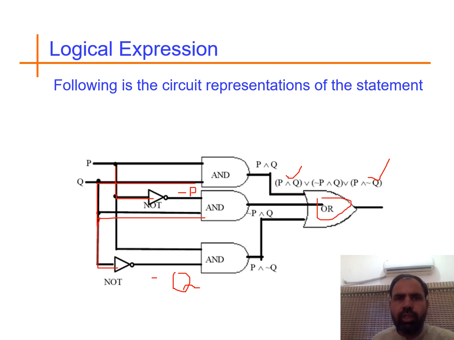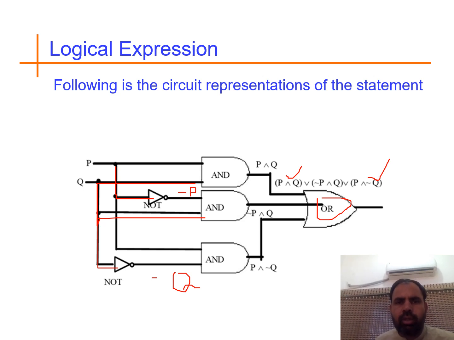So we get P and Q, or negation P and Q, or P and negation Q. This is the expression of this circuit.